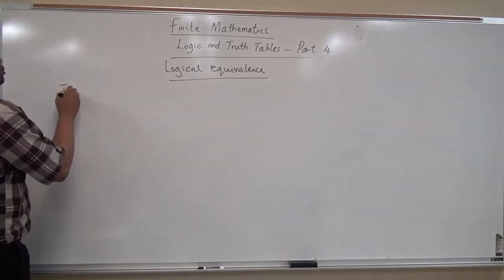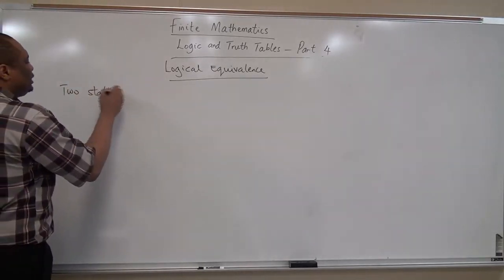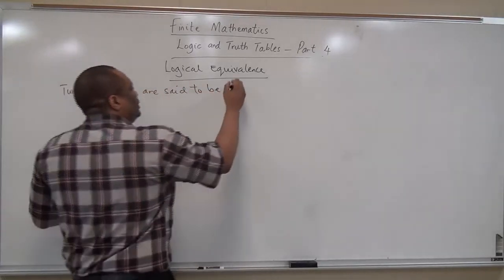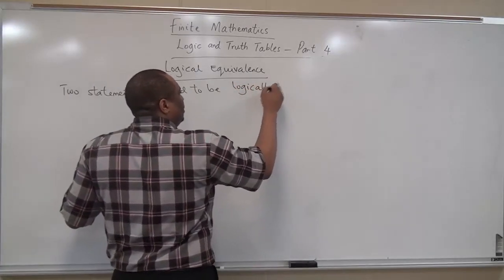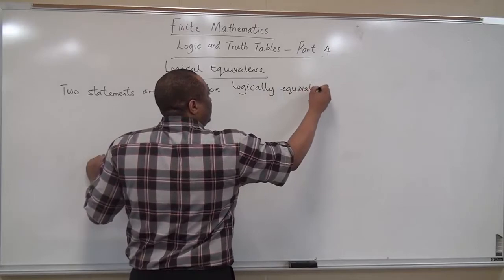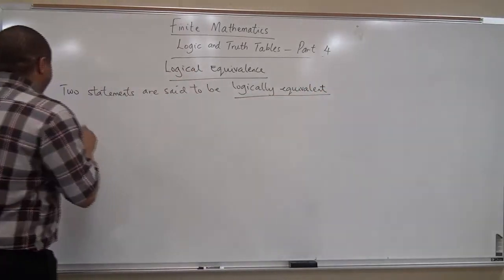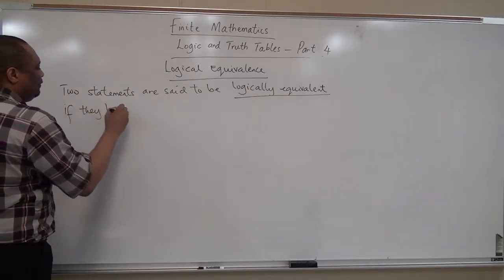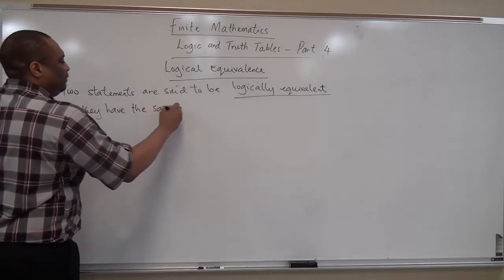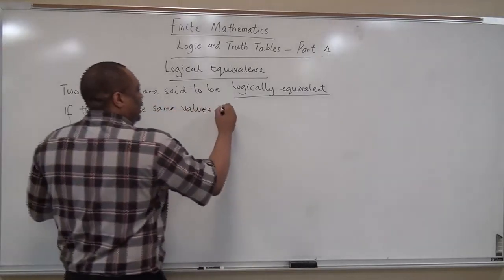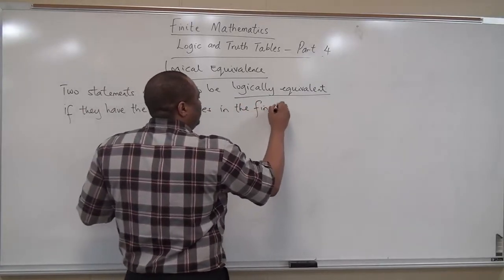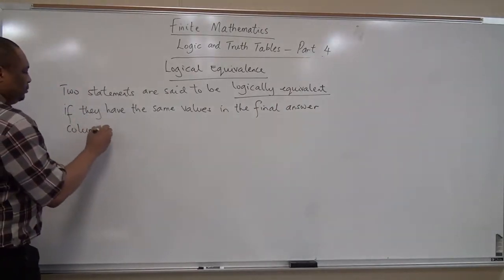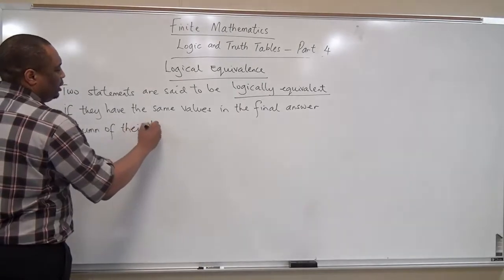We say that two statements or two propositions are said to be logically equivalent if they have the same values in the final answer column of their truth tables.